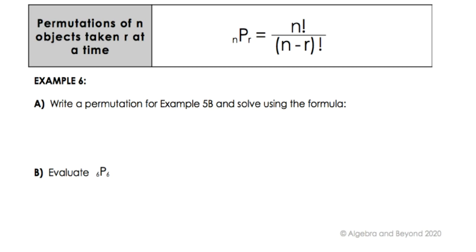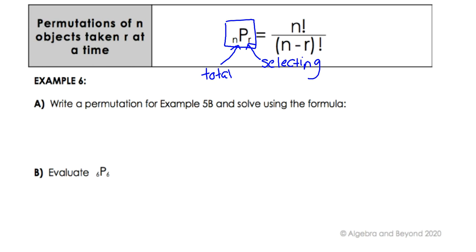When we have a permutation like that, it's written in this format here, nPr, where the P is a capital, and n and r are little subscripts on each side of it. So n is your total number of objects, and r is how many you're picking, or how many you're selecting.